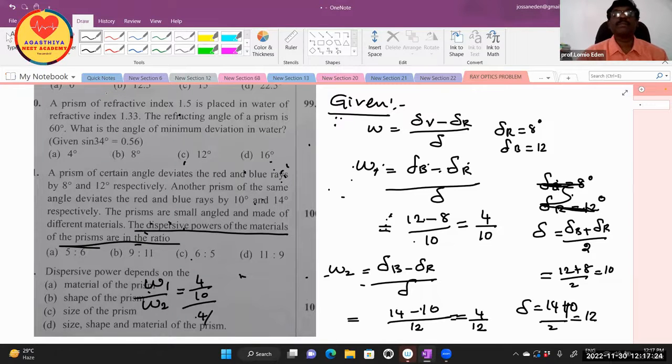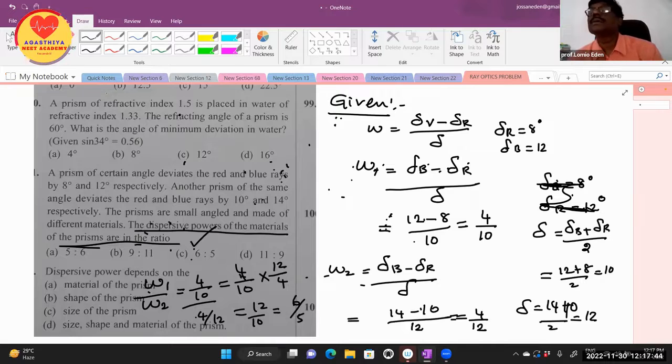Second one is 4/12. 4/10 times 12/4, 12/10. That is 6/5. The ratio answer is 6:5. That is the dispersive power.